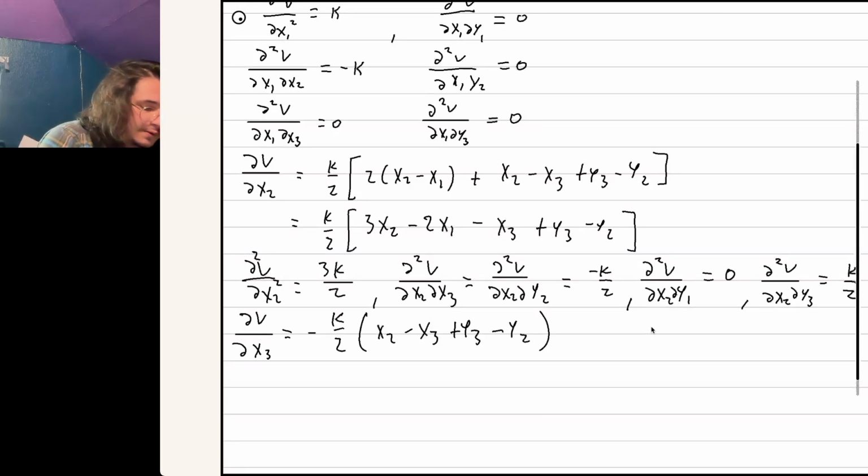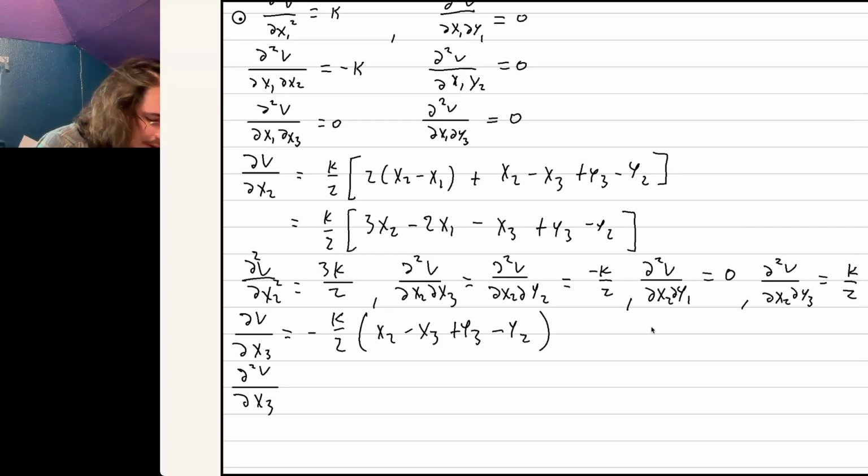The second derivative of that with respect to x3 will be the same as the second derivative of that with respect to y2. It's going to be positive k over 2.